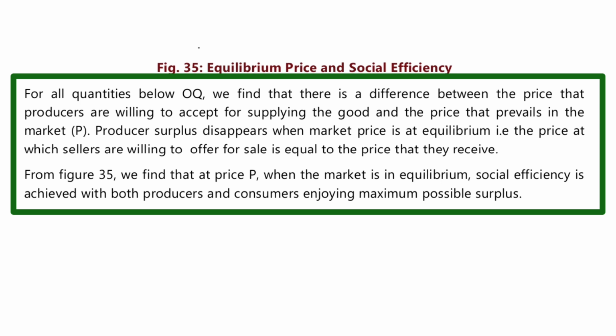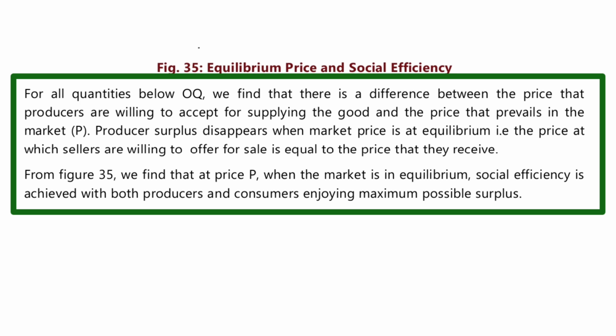Now at the point where both the curves meet, for all the quantities below OQ, there is a difference between the price that producers are willing to accept for supplying the goods and the price that prevails in the market, say P. When it goes to P, the producers are happy because they are getting a producer surplus there. The triangle above the supply curve is called the producer surplus.